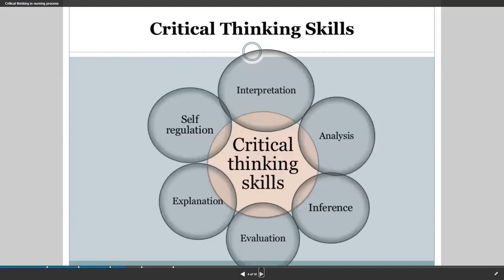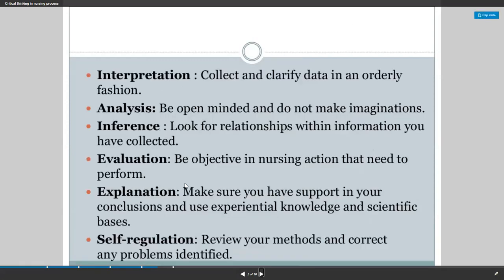Next we will see the skills of critical thinking: interpretation, analysis, inference, evaluation, explanation, and self-regulation. These are the different skills of critical thinking. First is interpretation. Interpretation means collecting and clarifying the data in an orderly fashion.